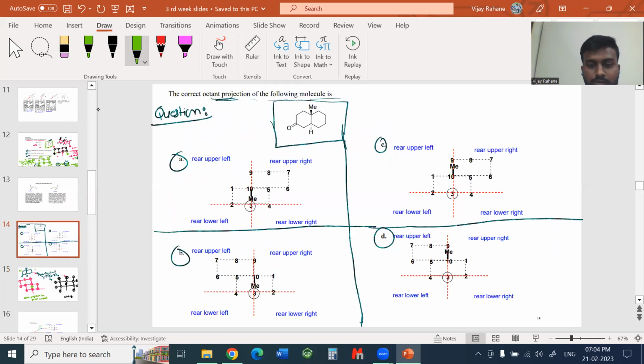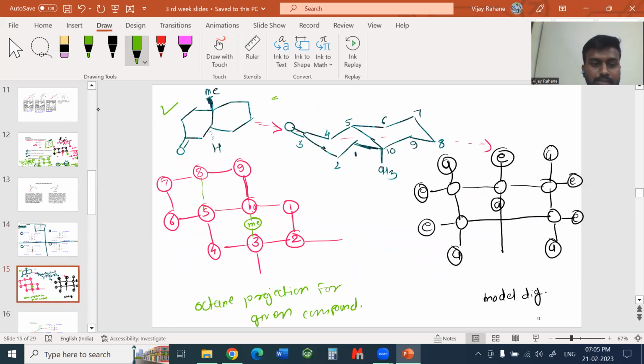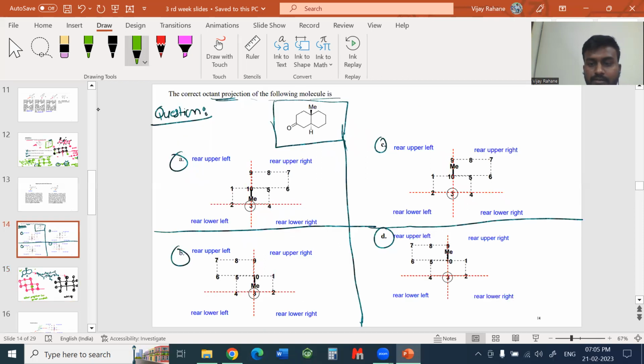So which option have they given? Here we can see this methyl at the axial position and it lies on the left side, right? So we will neglect all other options. This one is neglected. This option is also neglected, and these two. Here we can see in D the methyl is written on the upper side. So this one is wrong because they have given the methyl upper, right?